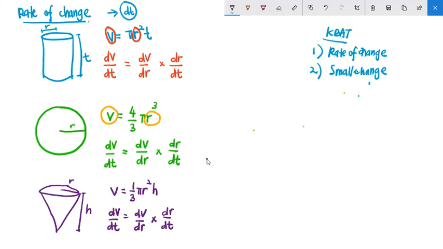If they got changed regarding the H, okay, H sometimes dia akan tanya yang berkaitan dengan dia punya height, berubah regarding the height. Okay. Dia akan jadi begini.